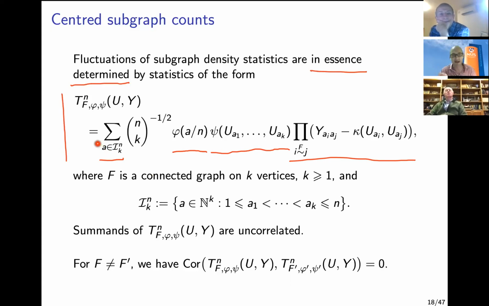By in essence, I mean you have these different orders of variances in your subgraph densities, and you can approximate any of these to any degree of precision that you like, with products of these statistics and linear combinations of these statistics. That's what I mean by in essence determined. But once you know these statistics, you can essentially reconstruct to any precision all of these subgraph densities.